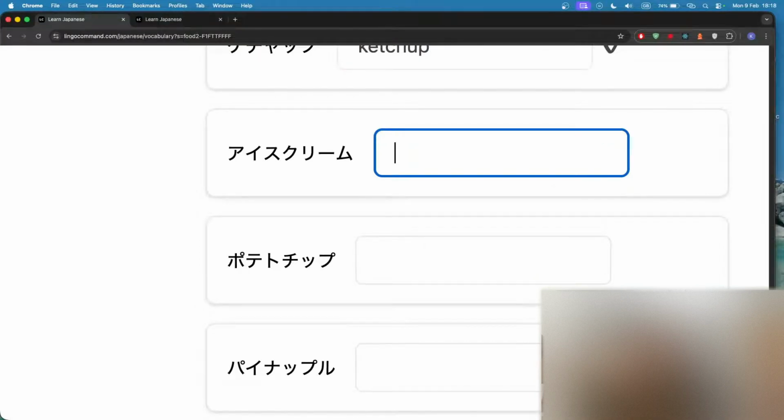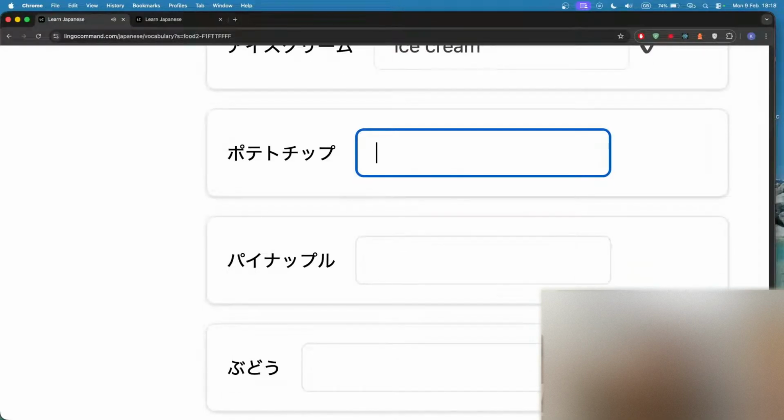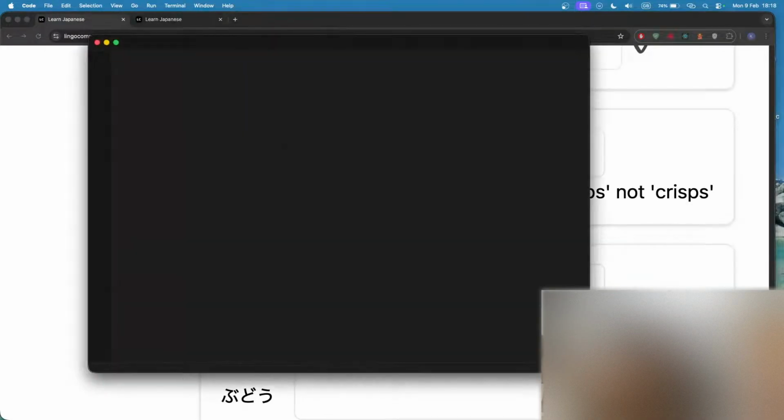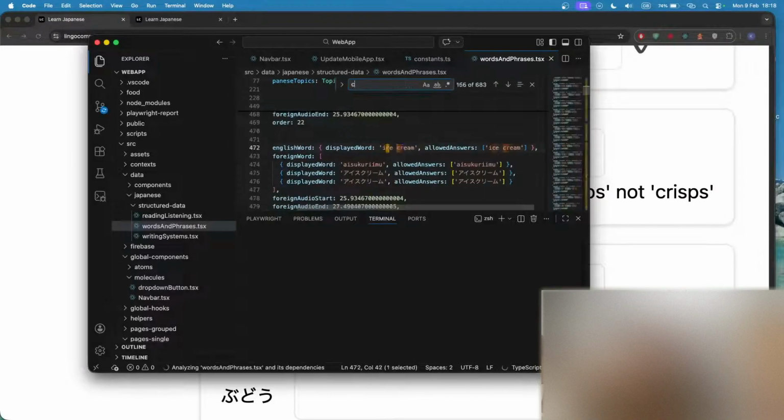Ice cream. So ice cream. And then this is potato chip. We got the soko in here for a pause so that we can place extra emphasis on the P in pu. Potato chip. Potato. Is that like crisps, actually? Another bug here. Let's make a super quick fix. Both of those should have been allowed.